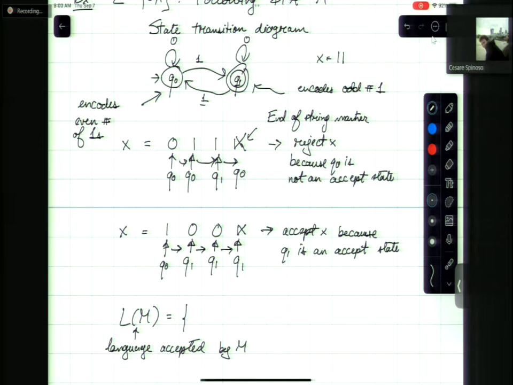A set of strings. So a set of strings that are formed using the alphabet 0, 1, where x has an odd number of ones. Okay? So this is the language accepted by my machine M.